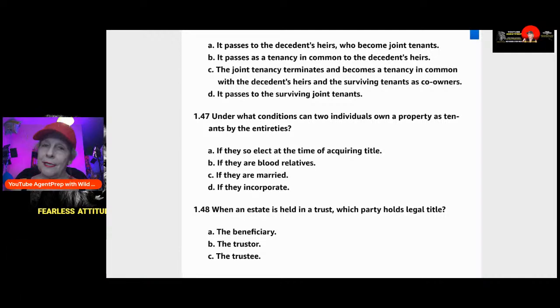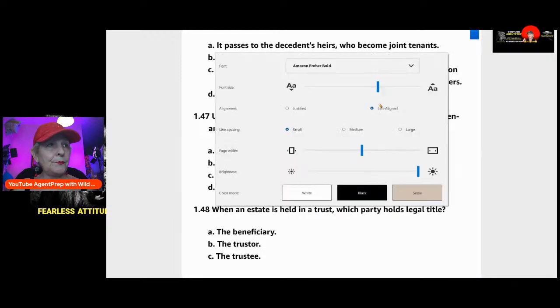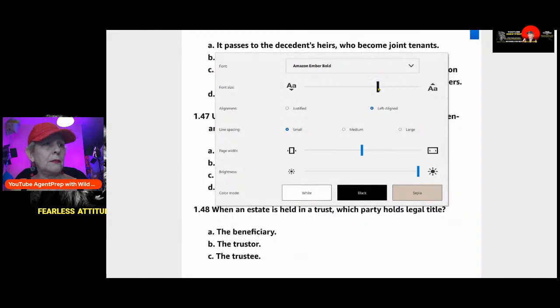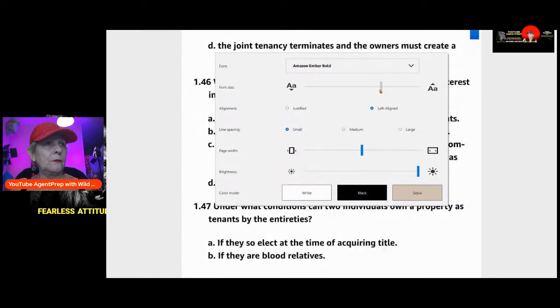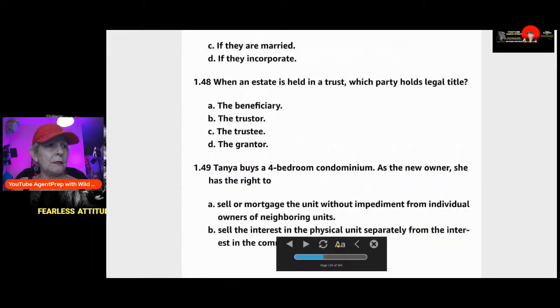And 4, tenants by the entirety for couples. In Texas, it's community property. And I think there's about 8 other states that use community property. So the majority use tenants by the entirety.